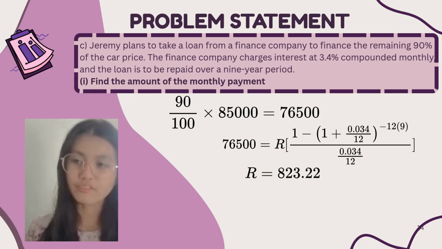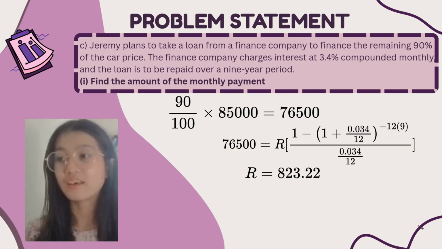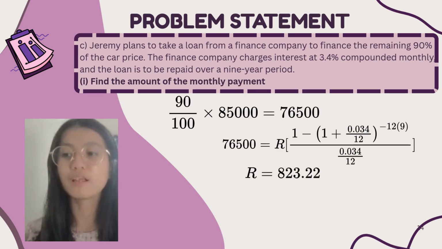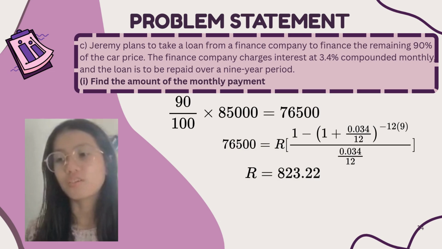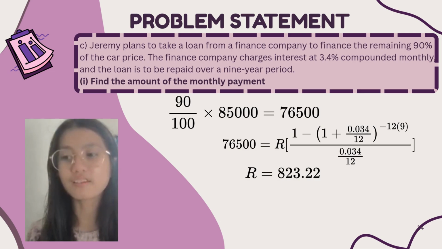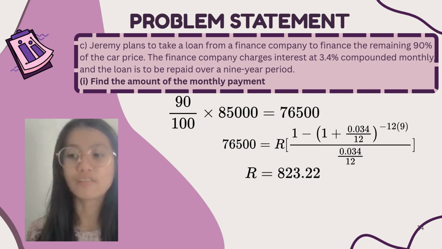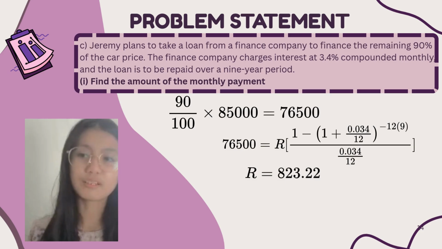So all you have to do is take the remaining 90% times the car price, which is 85,000. Then you shift solve to get the amount of monthly payment.